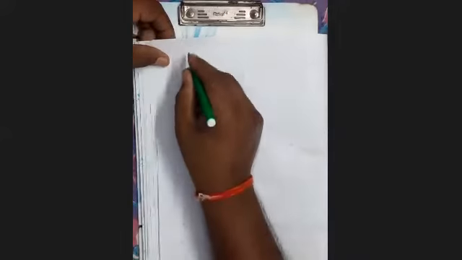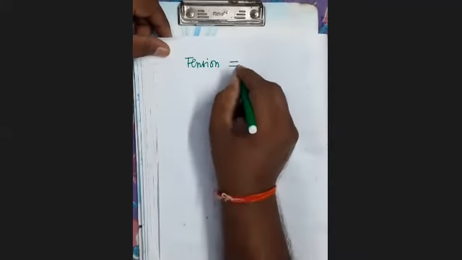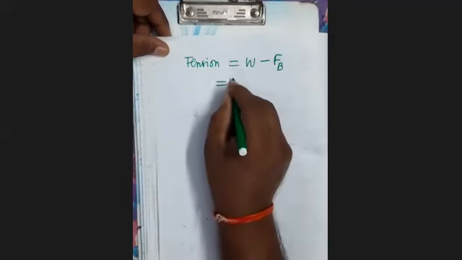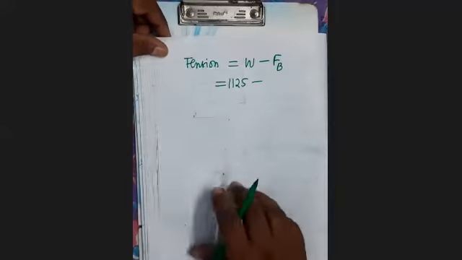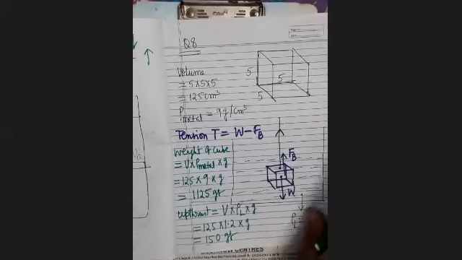So what is the tension? So you can see here, tension equals weight minus upthrust. That is 1125 minus 150. It's clear.